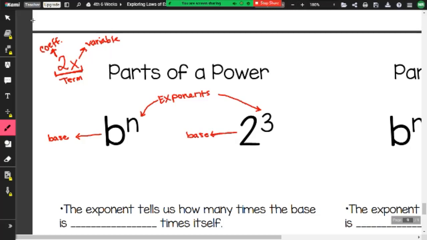Now, just like whenever I put the coefficient and the variable together to make my term, I put my base with my exponent, and it creates a power. So when you have a number or a variable raised to an exponent, combined, they make a power.